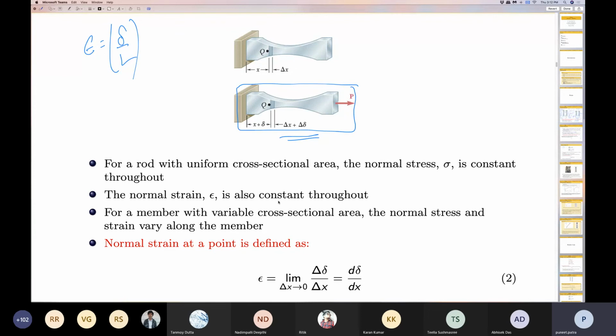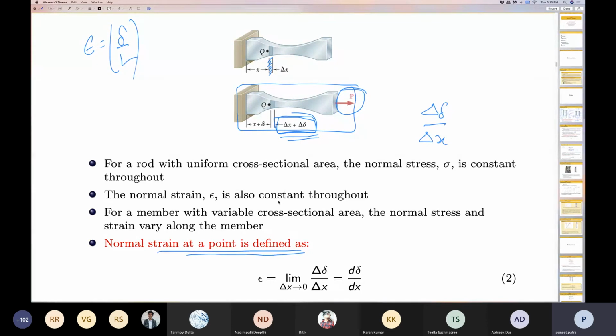If the bar has a variable cross-sectional area, something which is shown in this figure, then what we have to do is bring in the concept of strain at a point. This strain at a point can be defined by focusing your attention on a segment of initial length delta x before the loading is applied, and by looking at what this segment delta x is going to change to once you apply the load P. So let us say the change in the length is delta del, and I know that its original length is delta x.